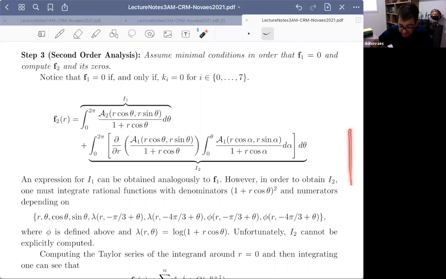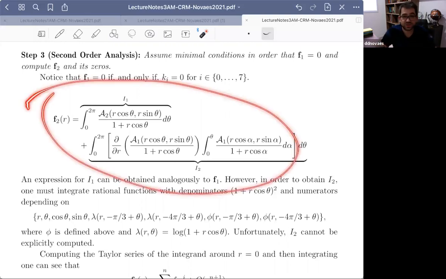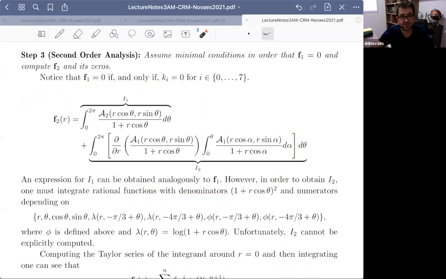For instance, in this case, homogeneous centers of order 2, we cannot compute this integral. Okay, so we have to work with this function without computing the integral explicitly.